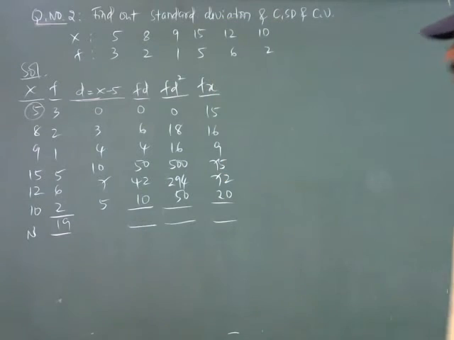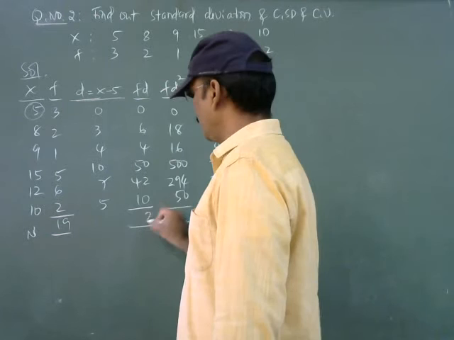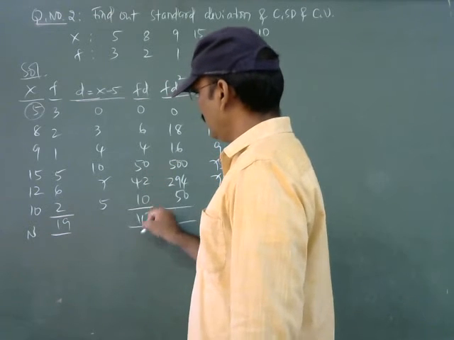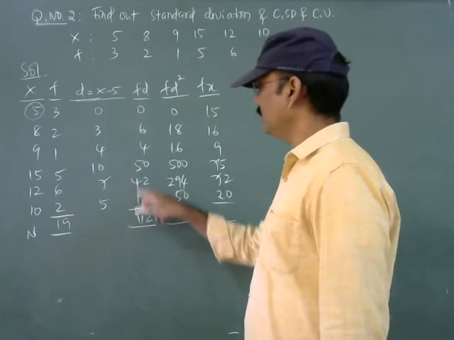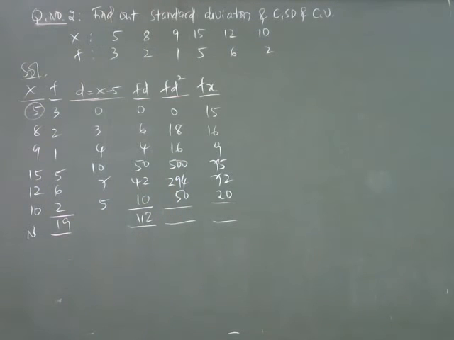Now add the fd column: 6 plus 4 is 10, plus 2 is 12, carry 1, so 112. Now add the fd square column: 18 plus 16 plus 500 plus 294 plus 50.